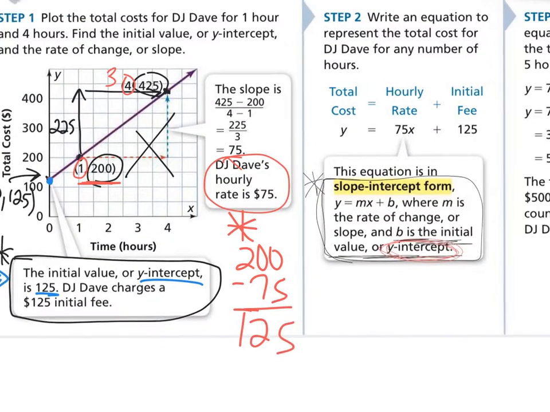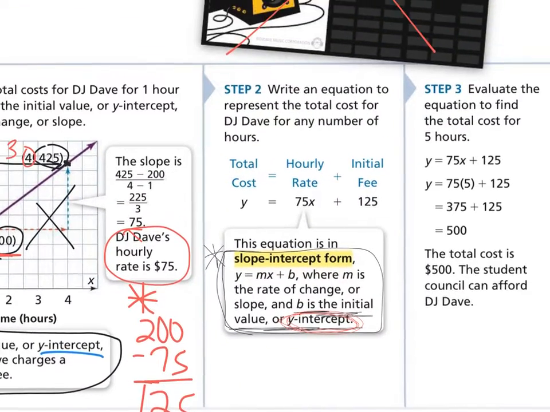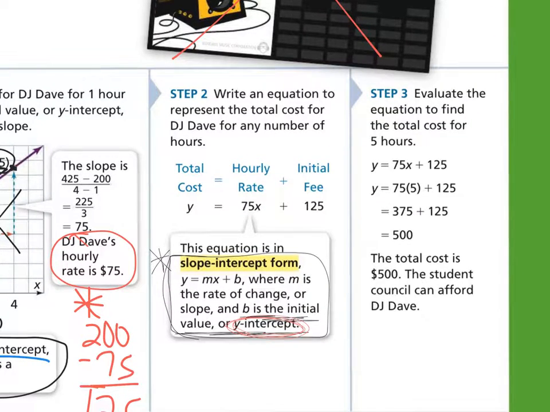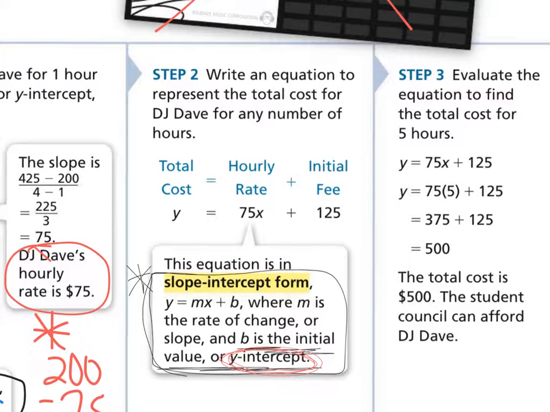So what this is talking about then, step 2, we can write an equation for the cost. So the equation we've talked about before, y equals mx, where m is our slope. This is a similar idea to that, except we have something else added on behind it.